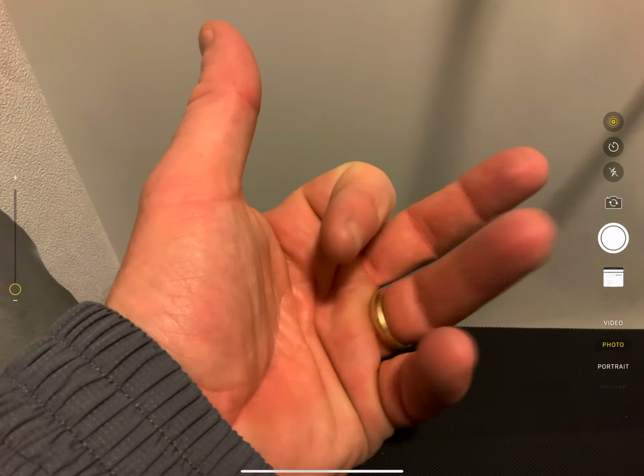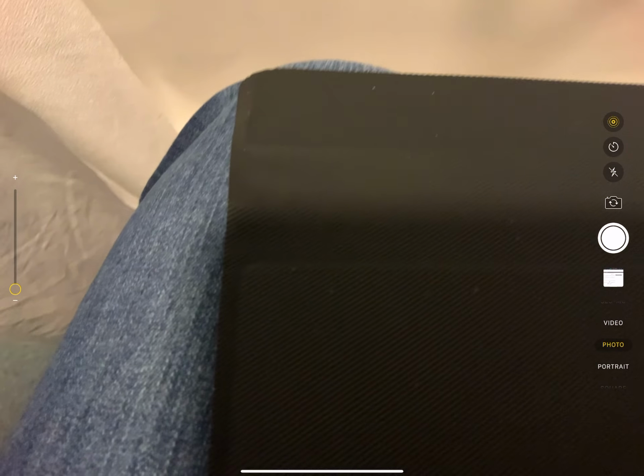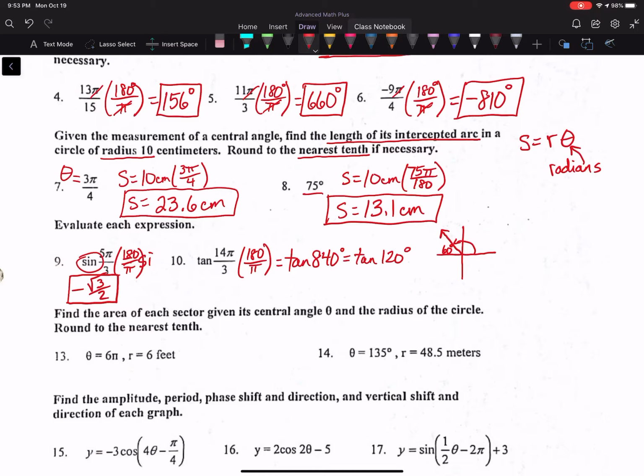So that's square root of 3 over 1. So that will be square root of 3 over the square root of 1, which is just square root of 3. All Star Trig Class. Second quadrant. In the second quadrant tangent is negative, so that will be negative square root of 3. Okay?